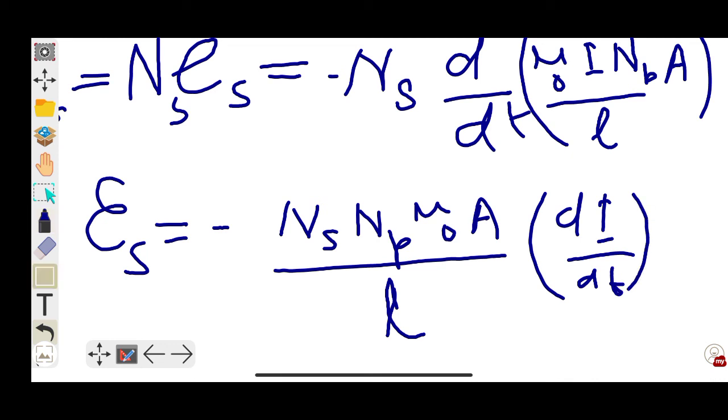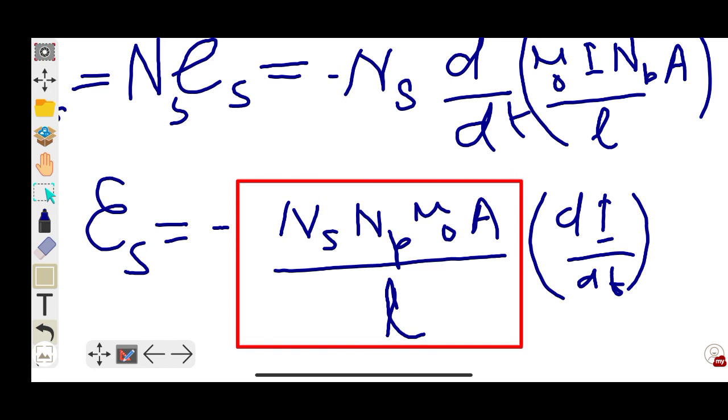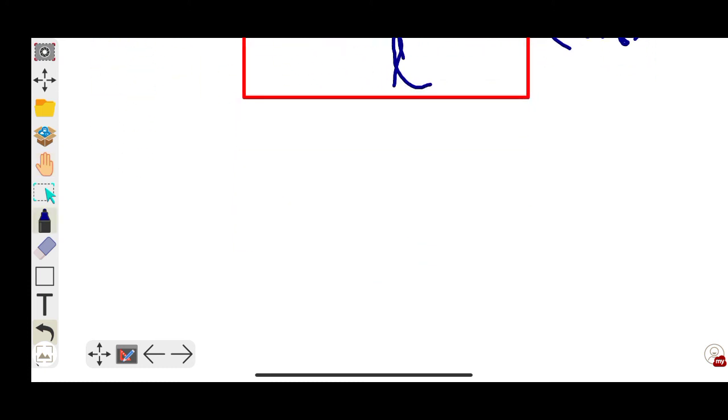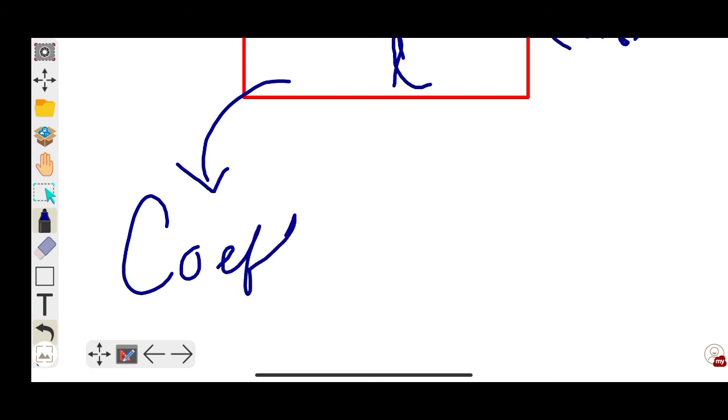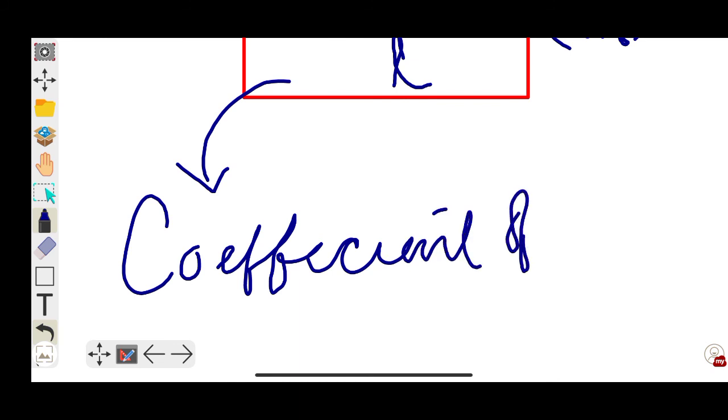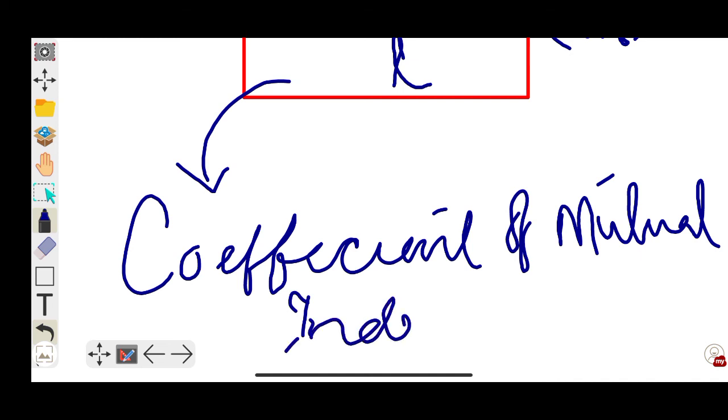And this constant here, we call the coefficient of mutual induction.